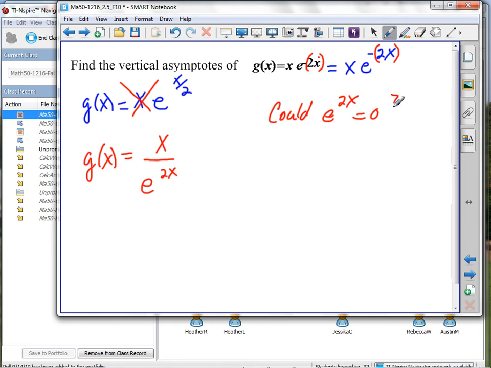But the question is, could it be 0? And this now leads us into some work with exponents. In an exponential function involving e, is e a variable or a constant? It's about the value of 2.71828, I'll go back and change it if it's wrong, 2.718281 and so forth.